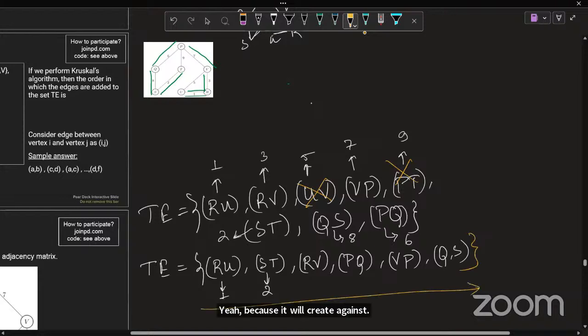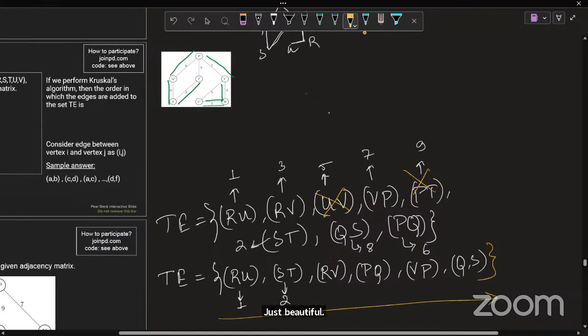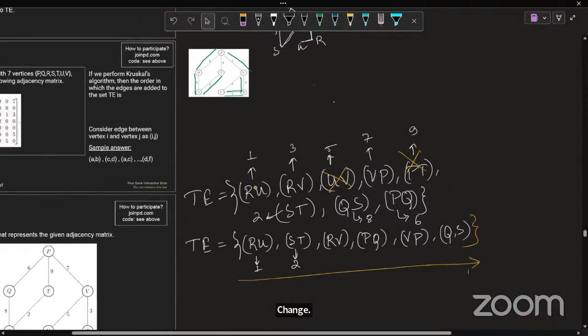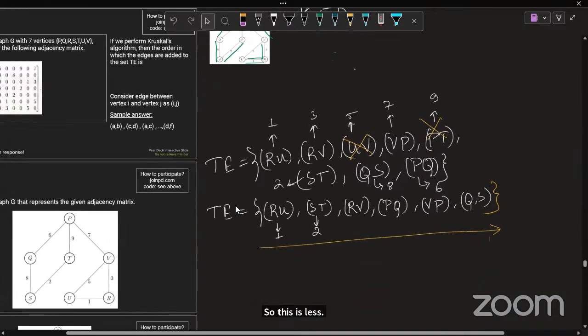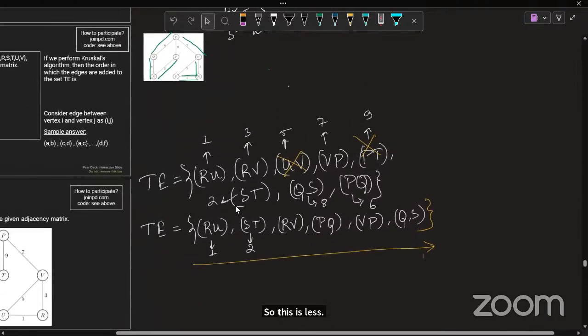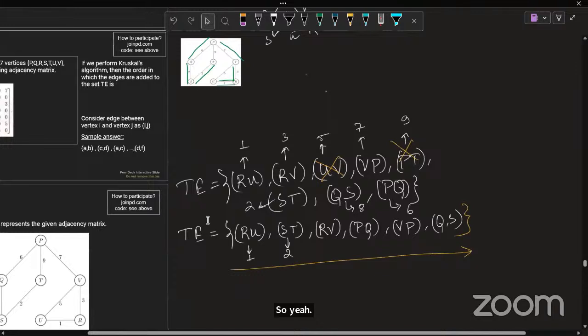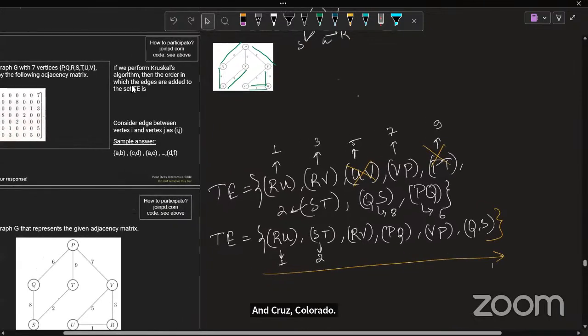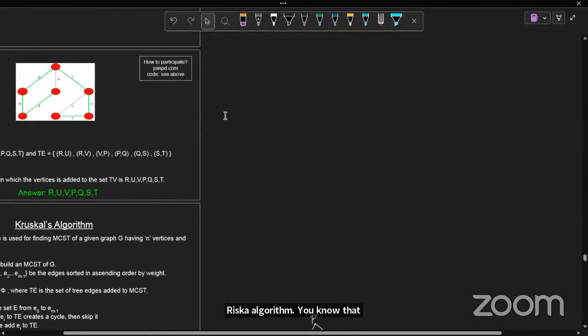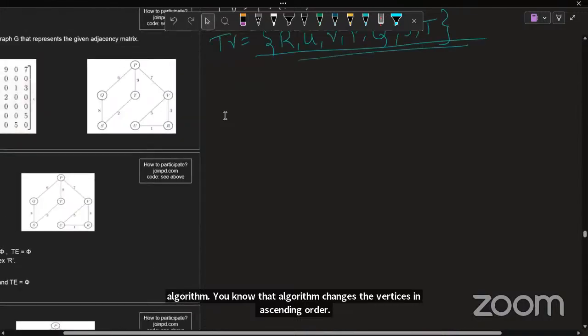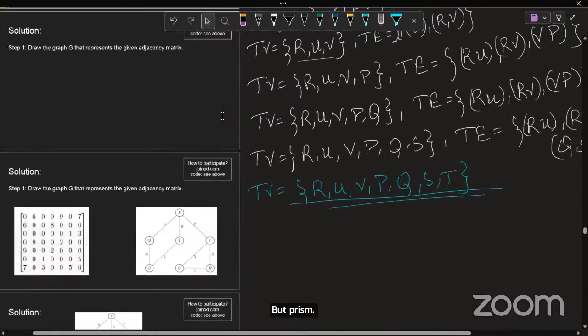Also, sir, I wanted to ask, no matter which algorithm we use, we'll always get the same answer, right? For the minimum cost spanning tree, yes. At the end, you will get the same answer. But suppose the question asks you to find the value of T in Kruskal's algorithm. You know that Kruskal's algorithm arranges the edges in ascending order, but Prim's algorithm doesn't arrange anything in ascending order.